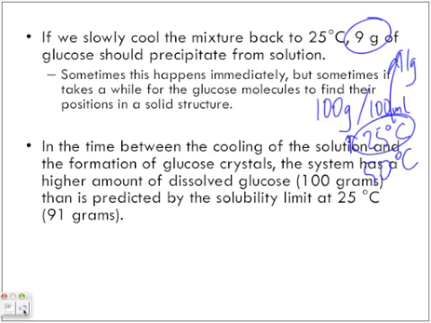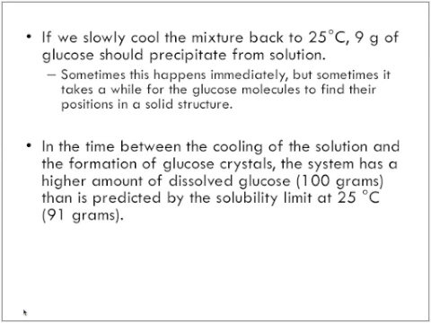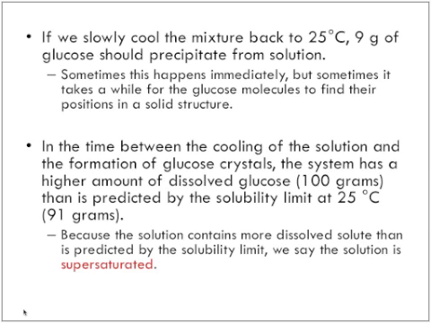So in the time between the cooling of the solution and the formation of glucose crystals, the system has a higher amount of dissolved glucose, 100 grams, than is predicted by the solubility limit at 25 degrees Celsius, which is 91 grams. Because the solution contains more dissolved solute than is predicted by the solubility limit, we call this a supersaturated solution.